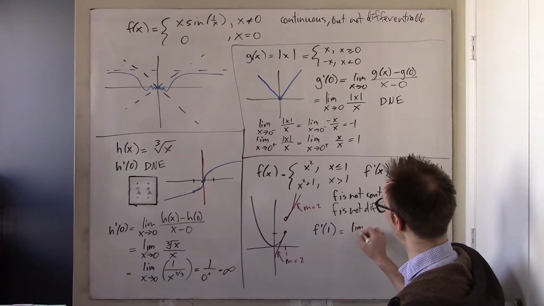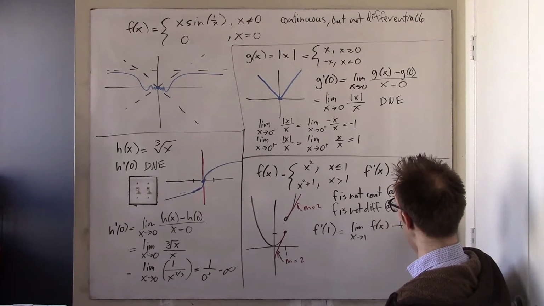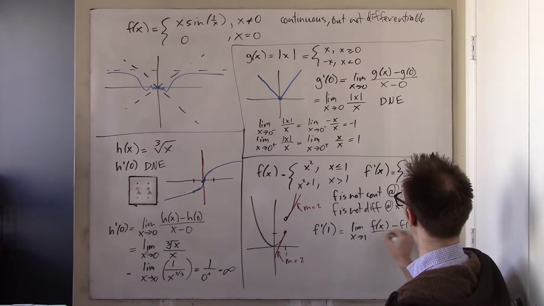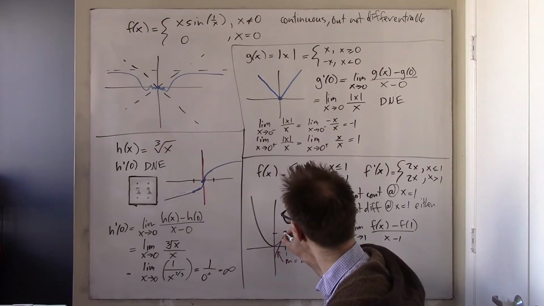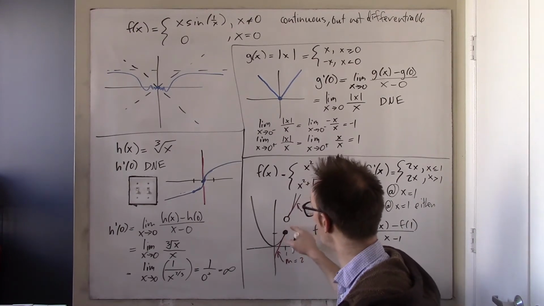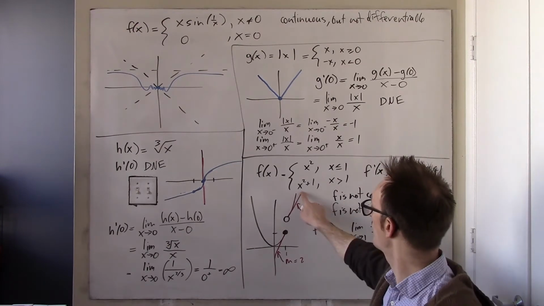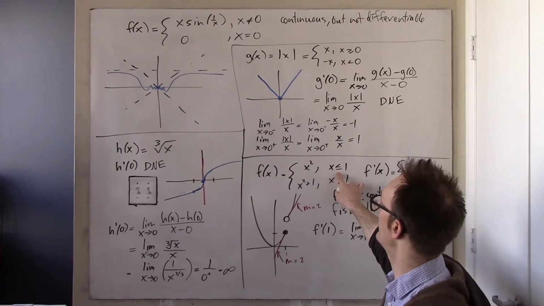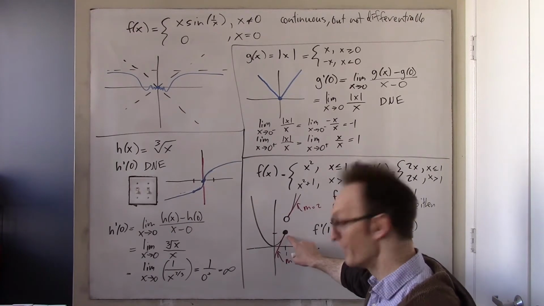It's the limit as x approaches 1 of f of x minus f of 1 over x minus 1. Taking this particular function that I've constructed, you'll see that for this function with a jump discontinuity, I just arbitrarily chose to let f follow the x squared rule at 1.